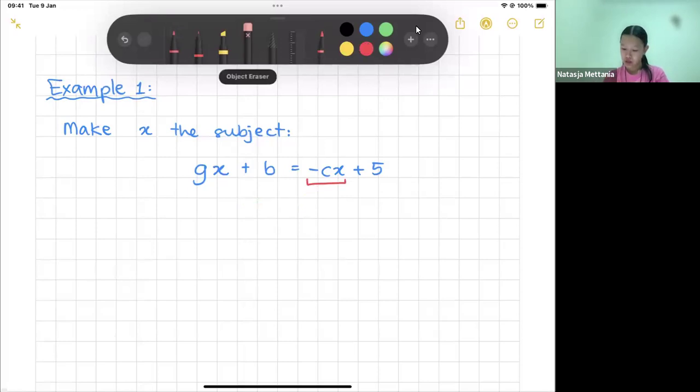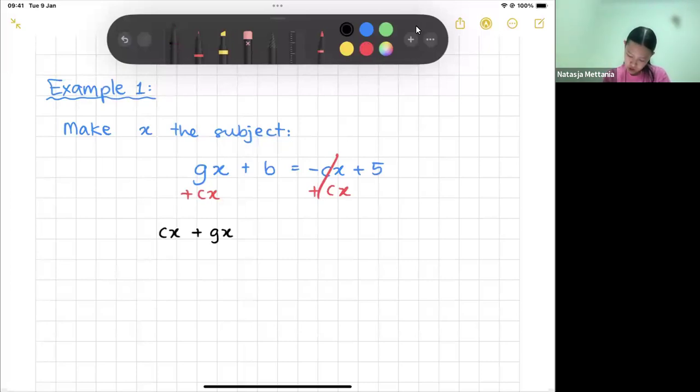So in this case, negative cx, the opposite of it is going to be positive cx, or plus cx. What I do to one side, I must do to the other. Balance it out. That's equations. This will cancel out. I'm left with now cx plus gx plus b equals 5.